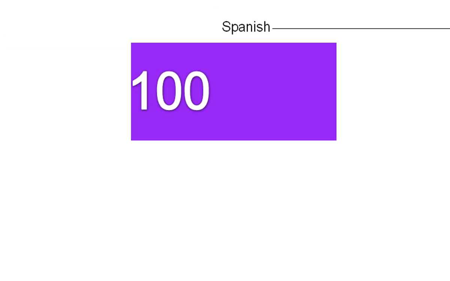Now here comes a big number, 100. 100 is known as cien. So if you are just talking about the exact number 100, you will call it out as cien.